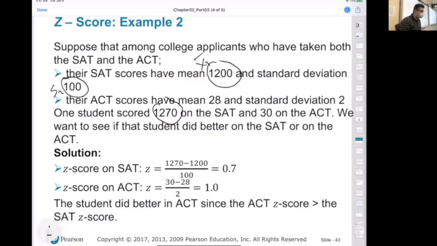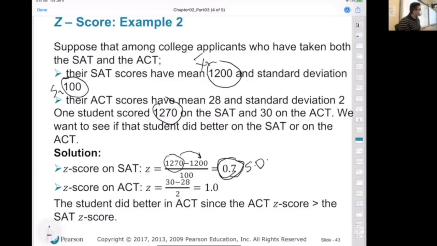This is the first group, okay? And Z for the SAT score is 0.7. So again, 0.7 means that 1270 is above the mean of the SAT scores, 1200, by 0.7 standard deviation.